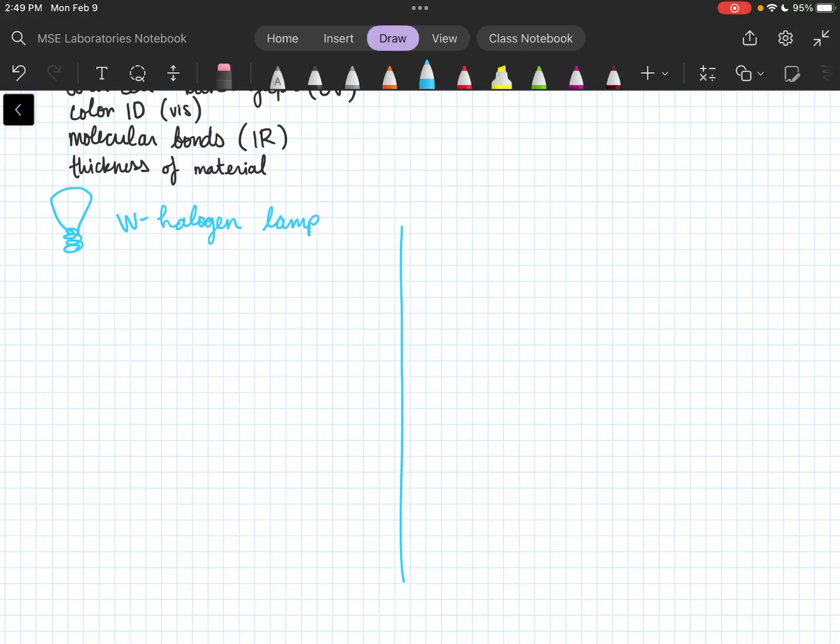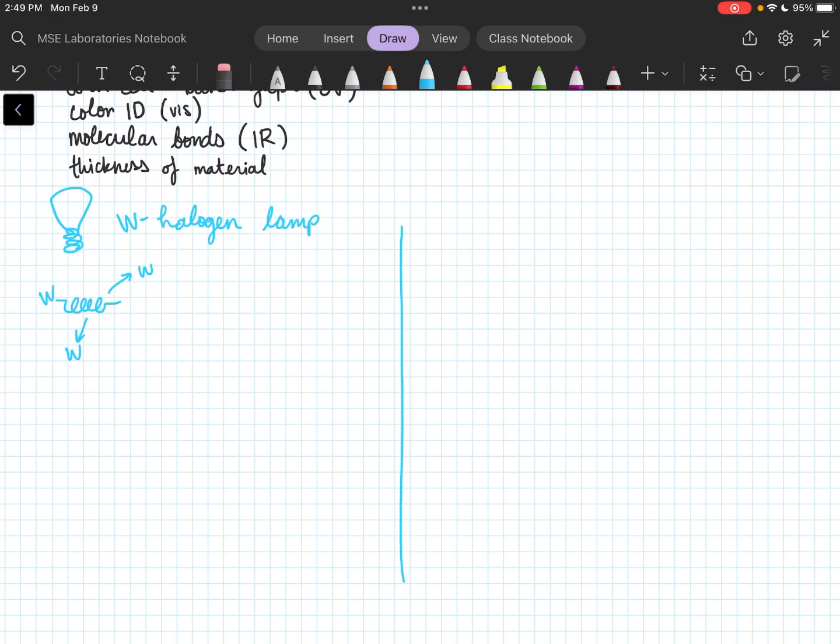Have you heard of a tungsten halogen lamp before? Tungsten is the filament type. So we have this really simple tungsten filament, and we're going to run some current and voltage through that filament. And that's going to cause the filament to light up, and it's going to glow. And that's how we get the most simple of light bulbs. The problem is this is going to spit out a whole bunch of tungsten while it works.